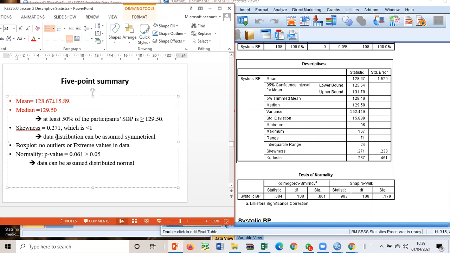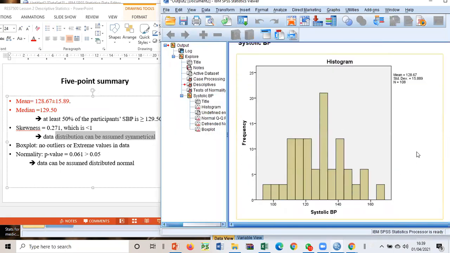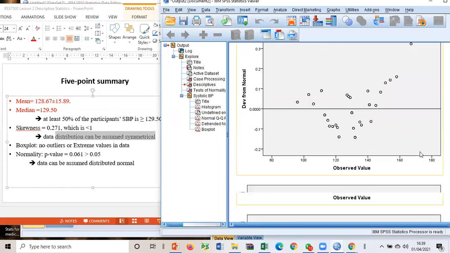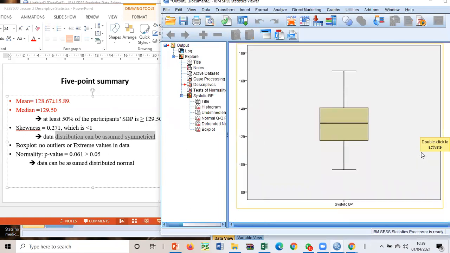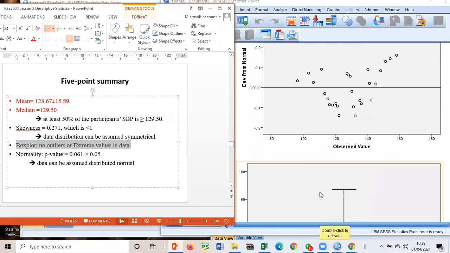That means data can be assumed to be symmetrical. Next, box plot. What is seen in the box plot? No extremes, no outliers.